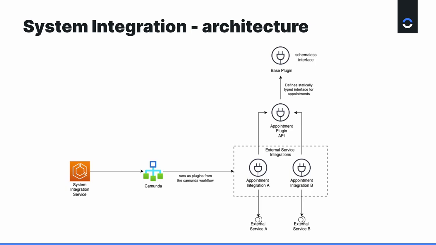And base plugin is the most generic plugin, and every external service uses it, not only appointment, but also in order fulfillment architecture, we can also find this base plugin, because every plugin has to implement the interface from this plugin.